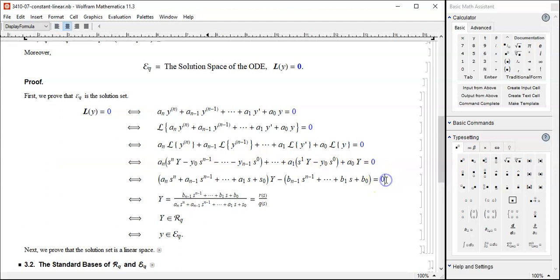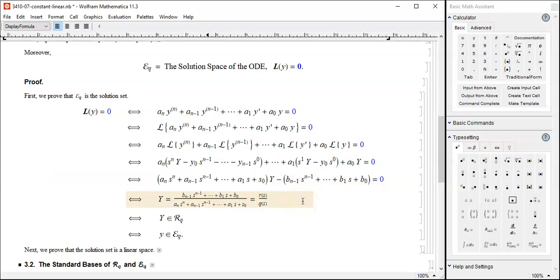Then take the like terms together. Once you do that, you're going to get Q of S as the coefficient expression of capital Y. And then what's left is R of S, and that has degree at most n minus 1. Flip this R of S to the other side, and then divide by this Q of S, and what do you have?